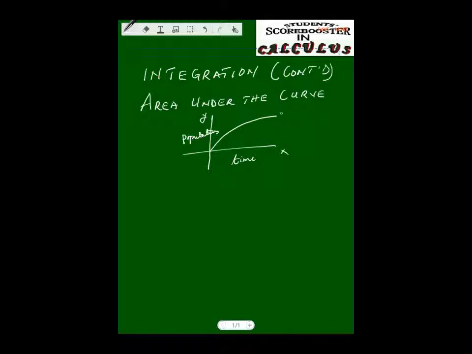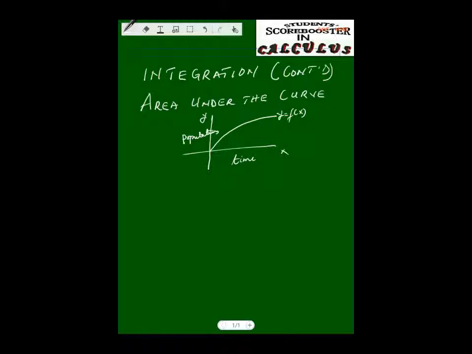And in this graph, we have an equation, let's say f of x. To make some sense out of this kind of graph, sometimes we want to find the area under the curve.